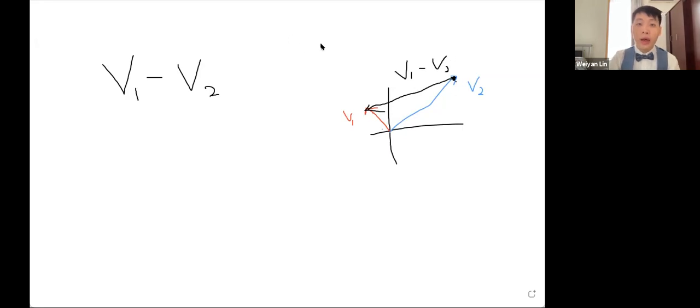Similarly, if you want the other direction, let's say V2 minus V1, now you go from the end of V1 to the end of V2, and this is your vector V2 minus V1.